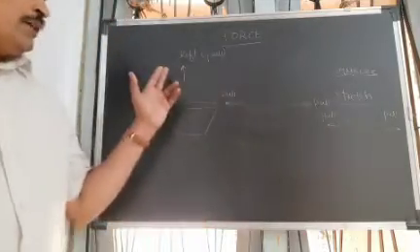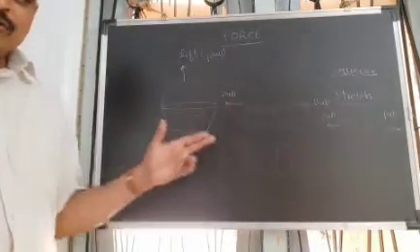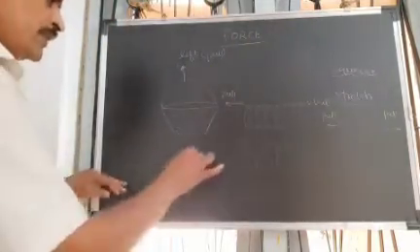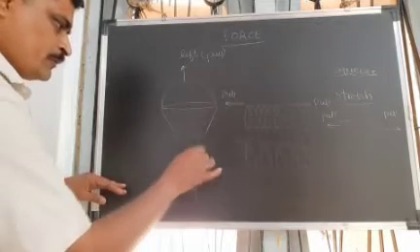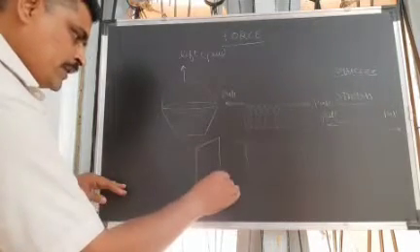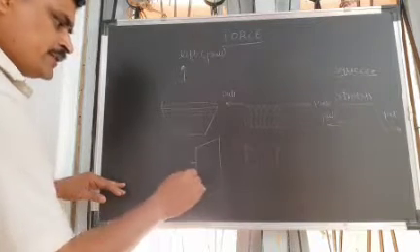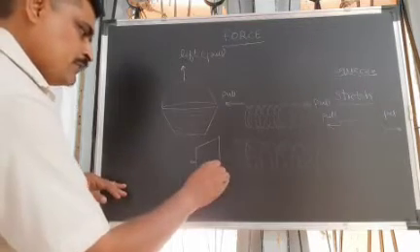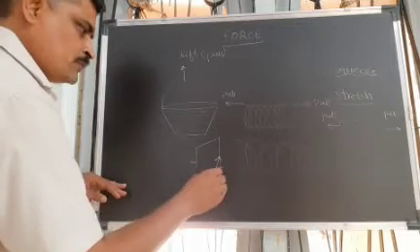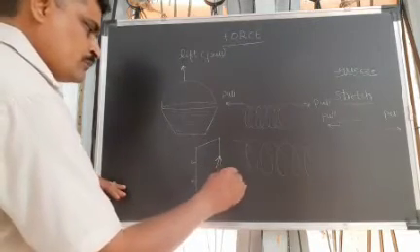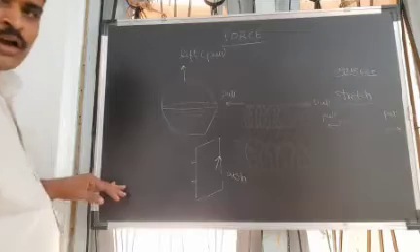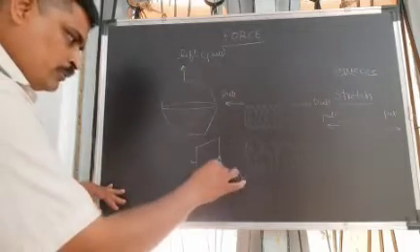By observing these examples, what can we say? Suppose you see a door, and we are applying a force on it. It is held by hinges, so it is fixed at one end, and we are applying a force on it. We are pushing the door, or in some cases you may pull the door.